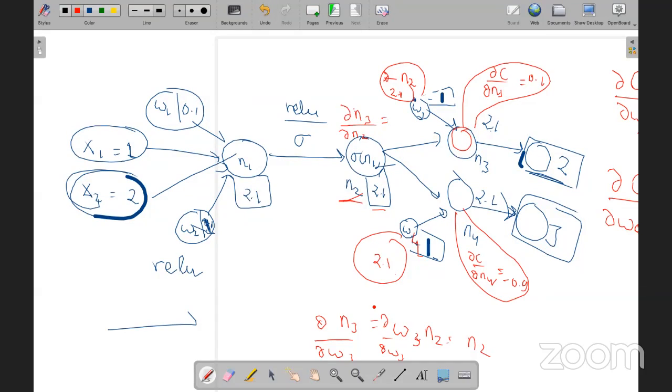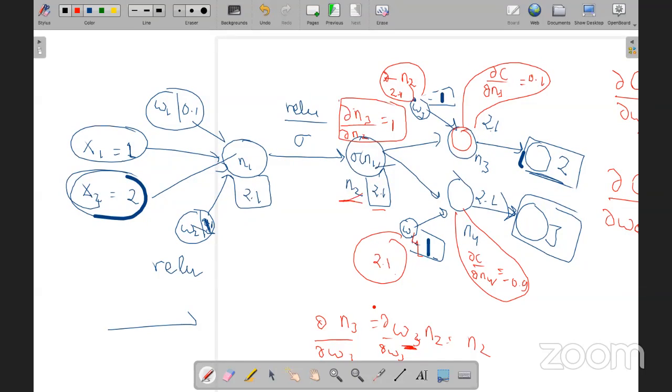What is the output of n3? It is just w3 times this value, whatever this output was, 2.1. So n3 was w3 n2, and differentiating with respect to n2, you get w3 as our answer. And we know w3 was 1, so you just write 1 here.